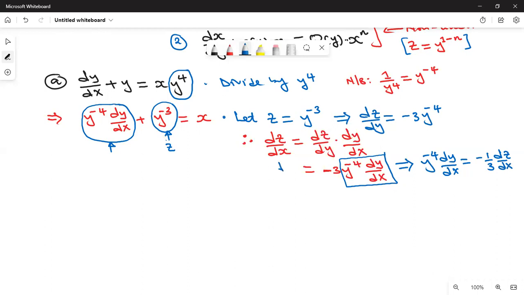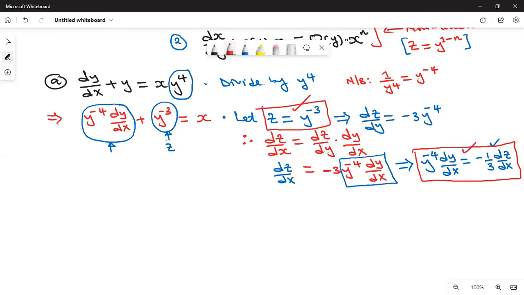Remember, here we had dz/dx. So when you divide by negative 3, you get what we have here, negative 1 over 3 times dz/dx. So we are going to make this substitution here, and also this. Those are the substitutions we make, this and this.